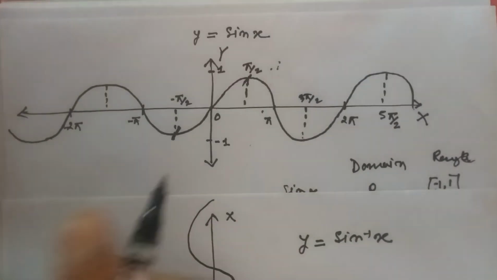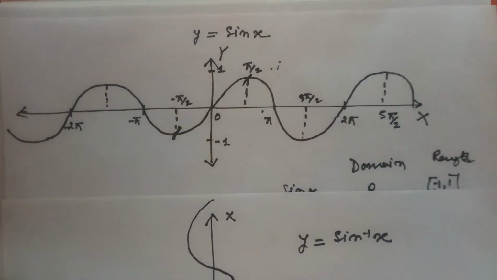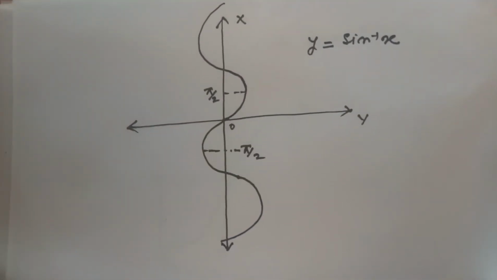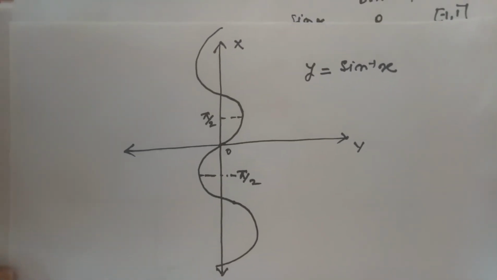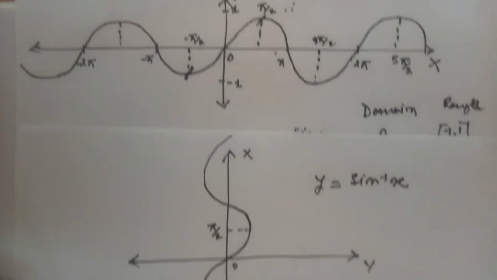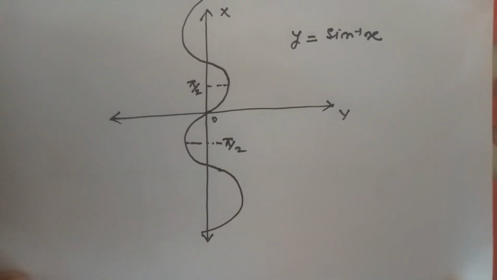You see, this is the sin x graph. After plotting the values, we get the graph like this. This is sin x, this is sine inverse x. How do we get this?